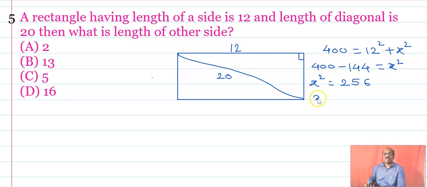If you take the square root, then you will get 16. Okay. Which is other side किती ना? The 16. Then which is the answer? That is option D is the correct one.